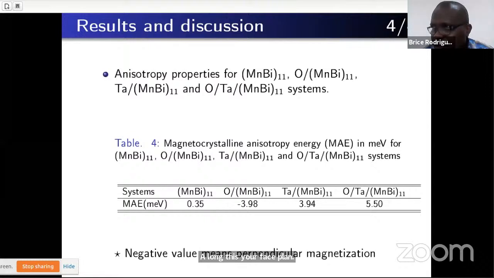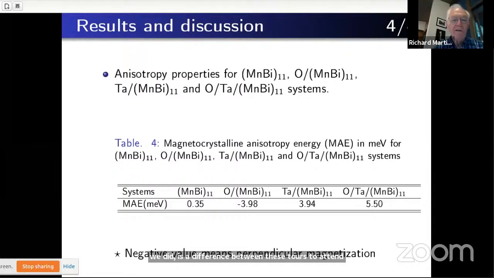And then we took the difference between these two results to obtain the MAE. Okay, that is very nice that you can do that.